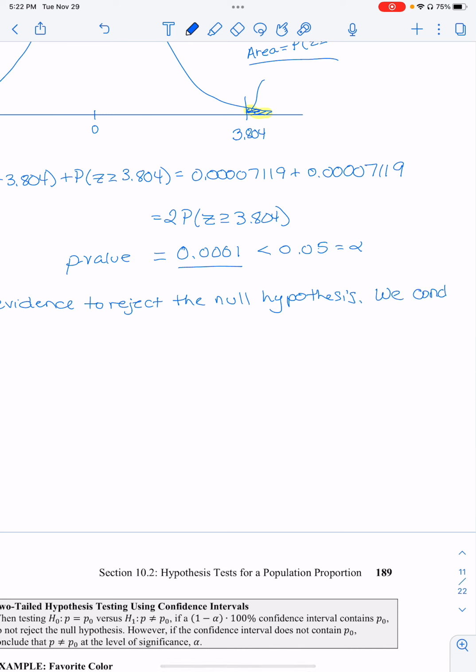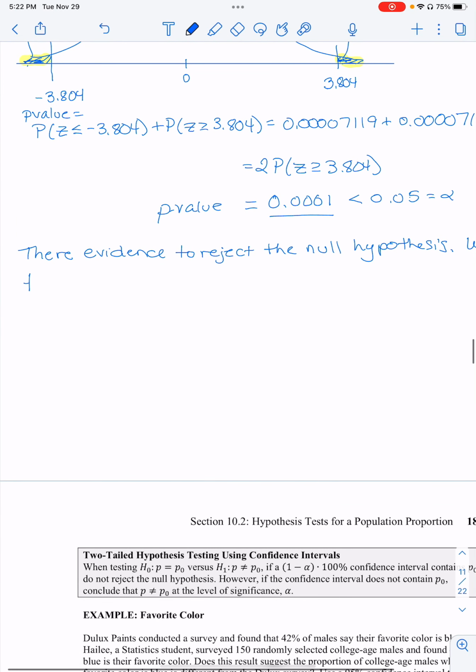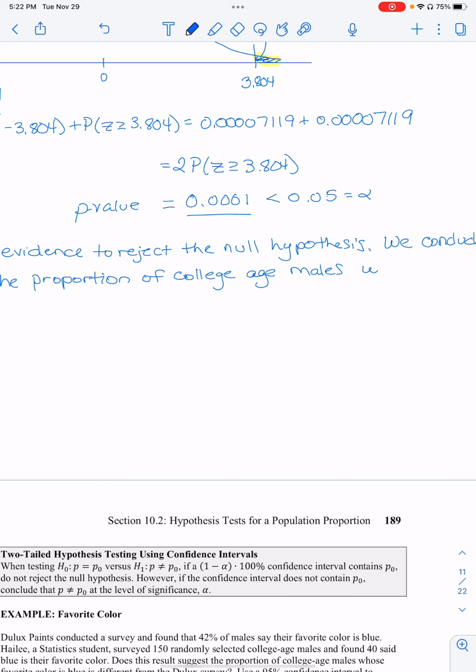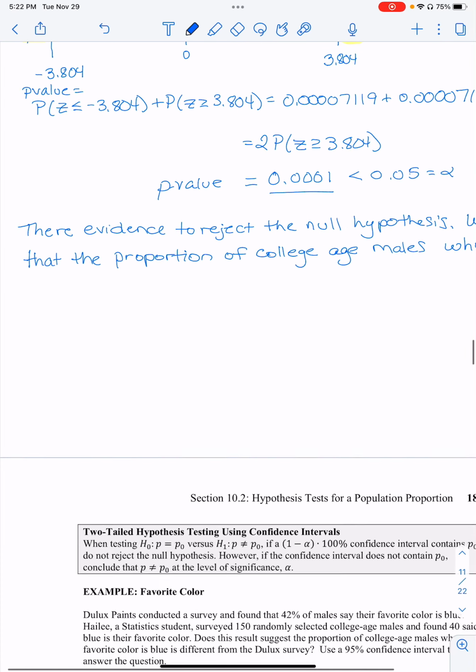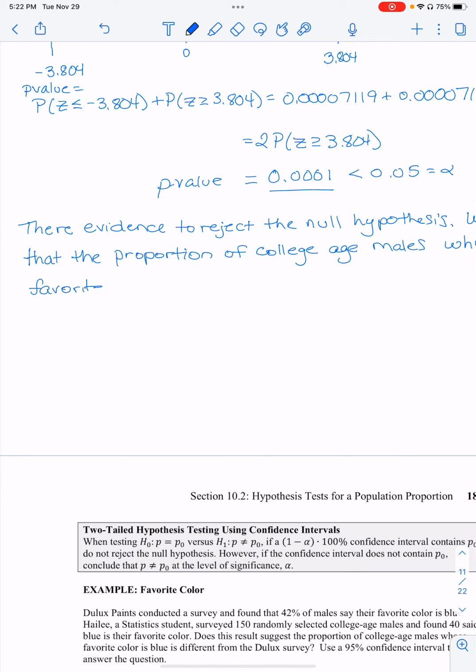We conclude that the proportion of college age males whose favorite color is blue is not 0.42. So all we've determined is that it's not 0.42.